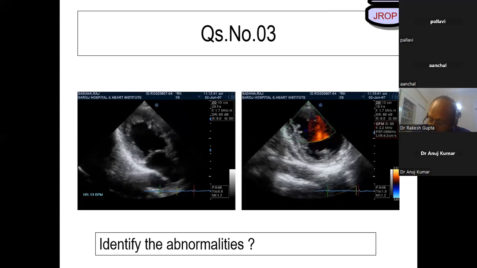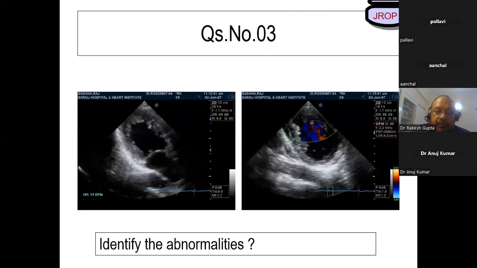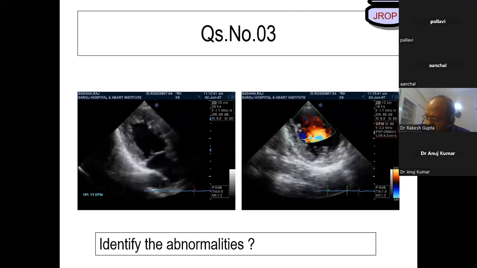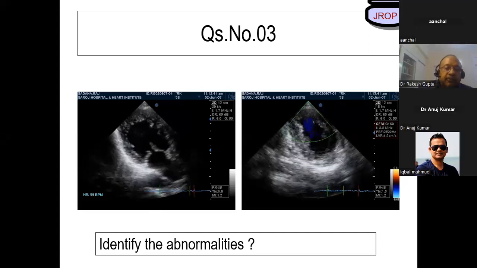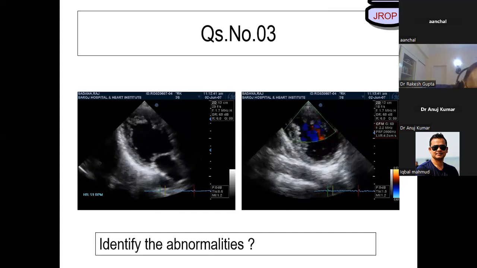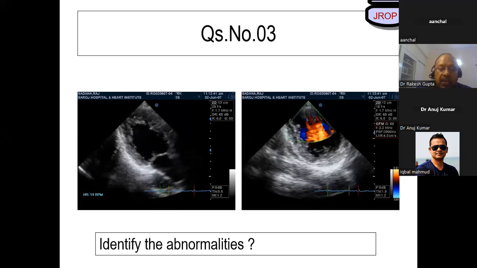Sir, it is a three-chamber view, first image, with hypertrophy at the apex and the anterior septum level, sir, with segments of non-compaction. Segments of? Sir, trabeculations are seen in the apex and the septum.